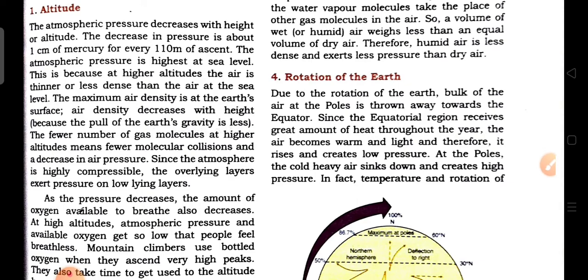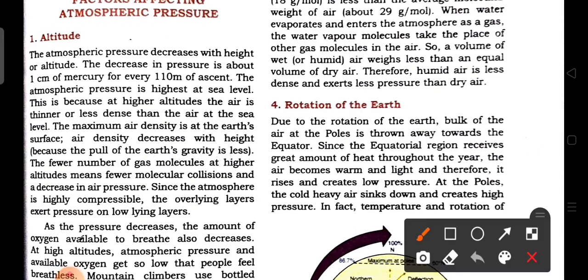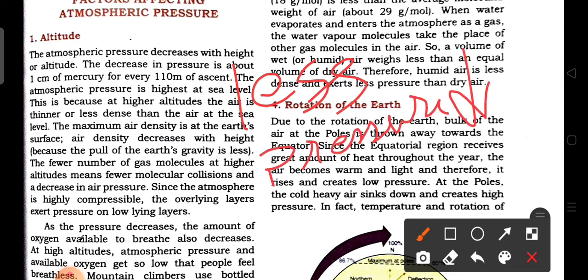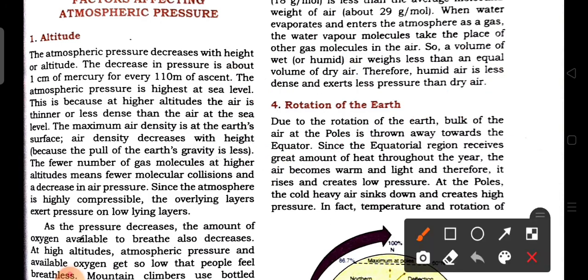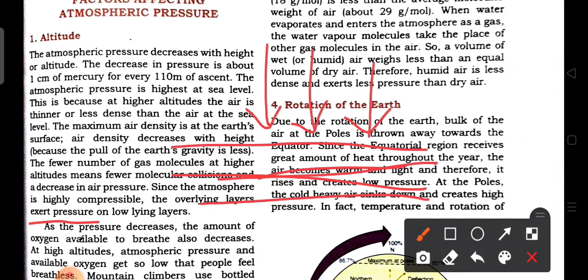And if the collision is less, then the temperature and the pressure also decrease. Since the atmosphere is highly compressible, the overlying layer exerts pressure. That is why the air is called highly compressible.